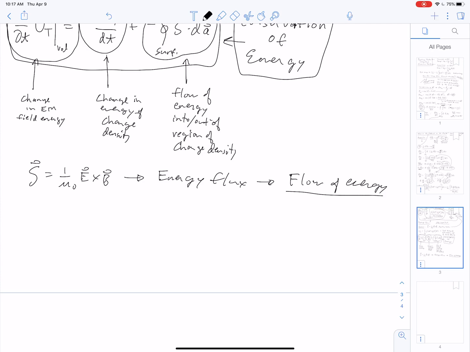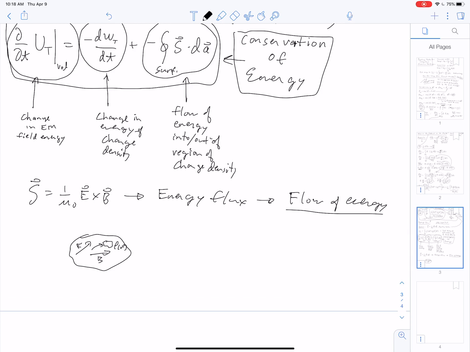The way to think about it is I have some energy density here with some E and B fields, and then it's acting on some charge density rho of r. Energy can flow into the charge density, but energy can also flow out of the volume of that region.